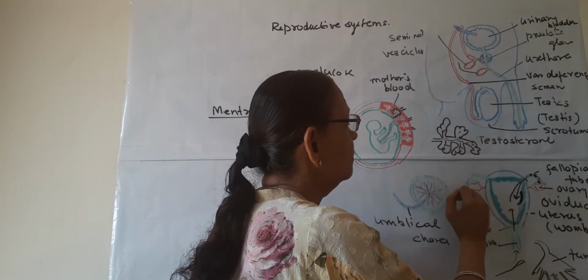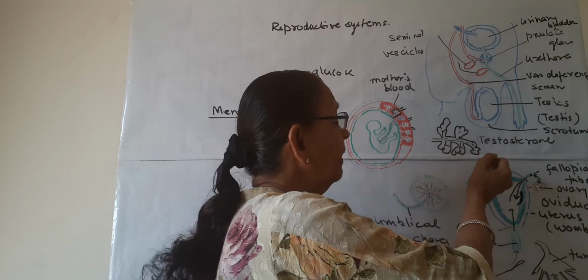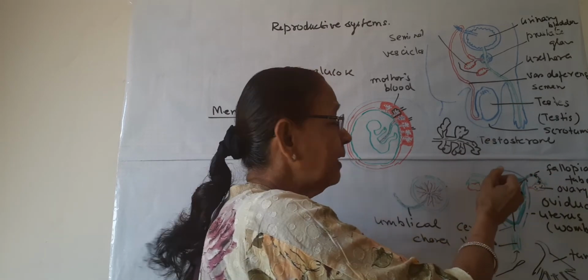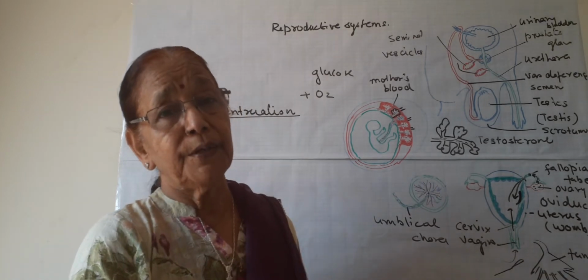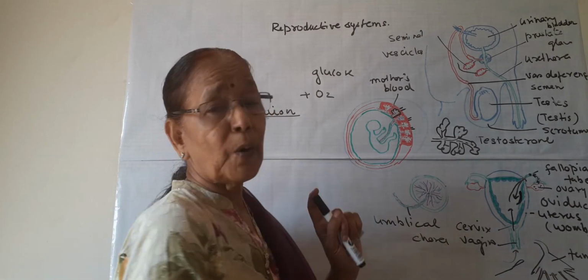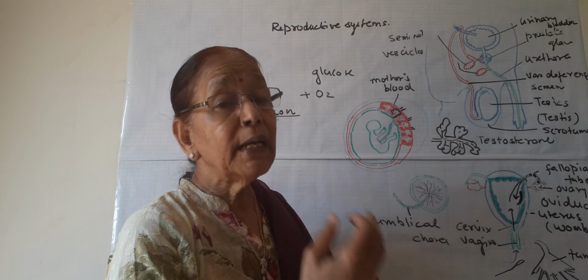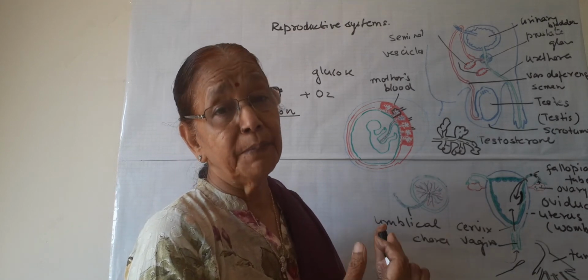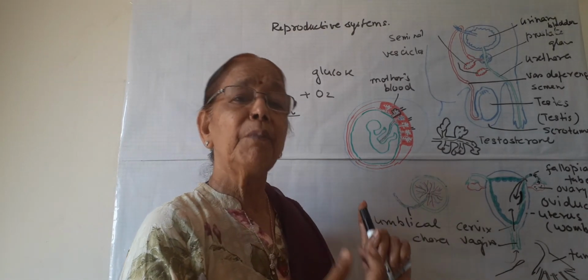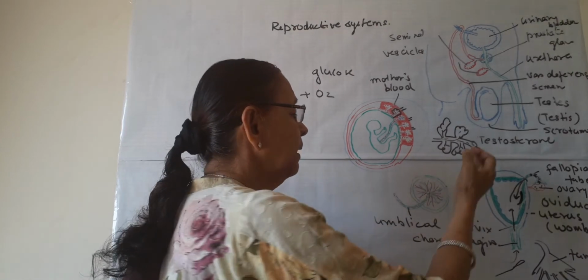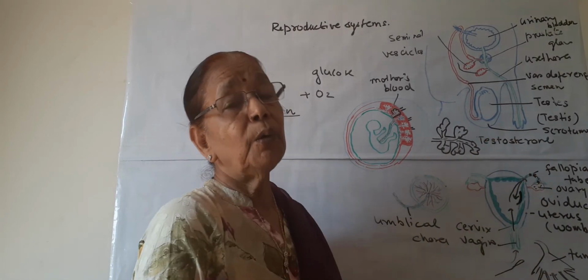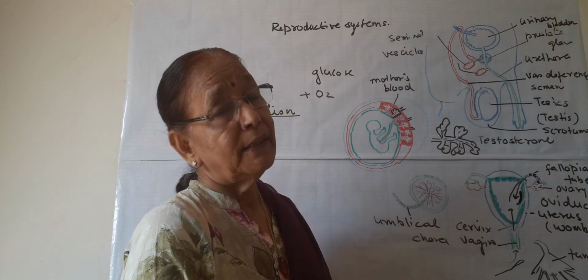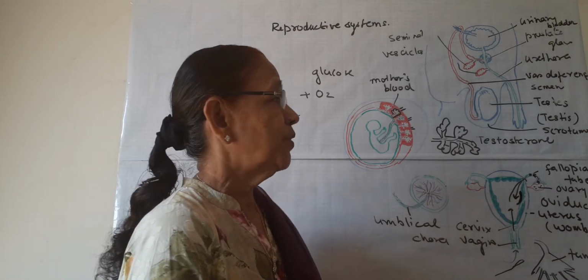Next month this ovary will give an egg, and if it is not fertilized, again the same process will repeat. So menstruation is the process which periodically repeats every month, and in the form of blood and mucus, all this wall breaks up and comes out of the body of the female. This is known as menstruation.